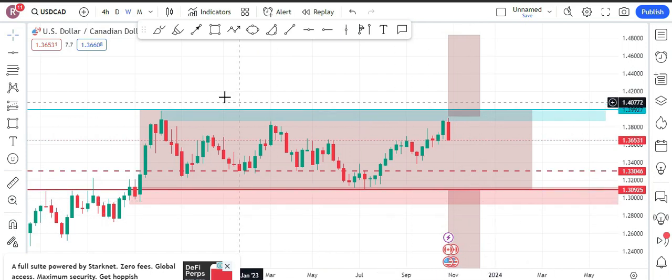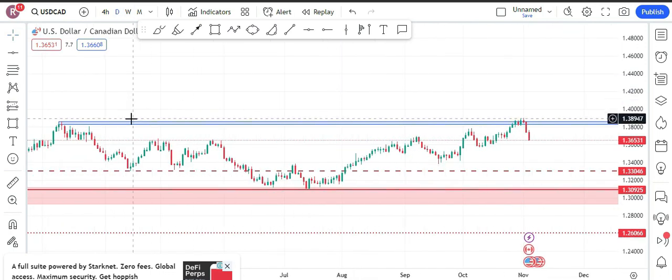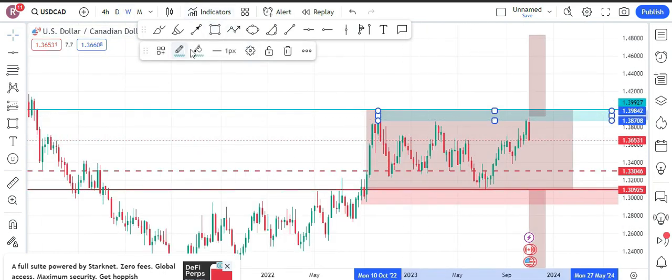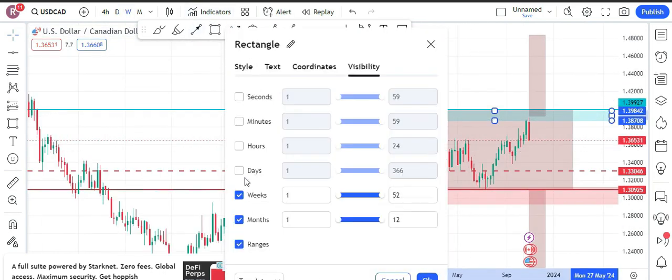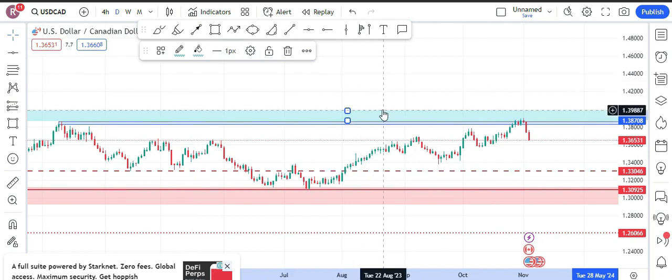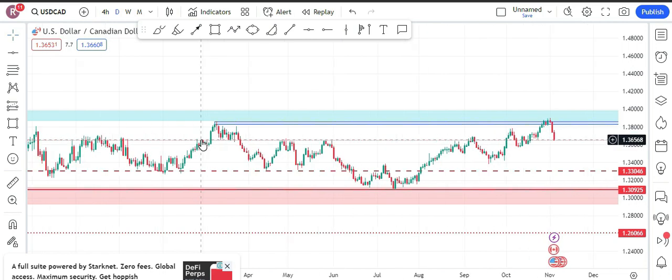However, if we go to day now, let's see if we have anything there. In day, you can see this is day. It has also formed a double top. So we have a weekly double top and a daily double top at the same time, right?